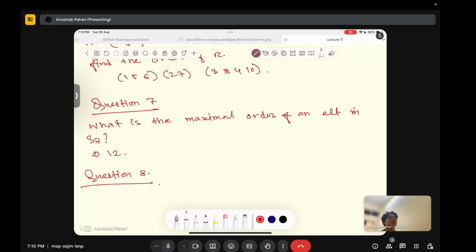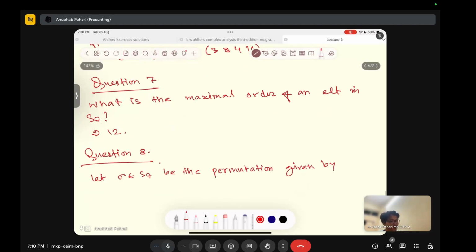Okay, let's try this. Let sigma in S7 be the permutation given by 1 goes to 1, 2 goes to 2, 3 goes to 5, 4 goes to 4, 5 goes to 7, 6 goes to 6, 7 goes to 3.